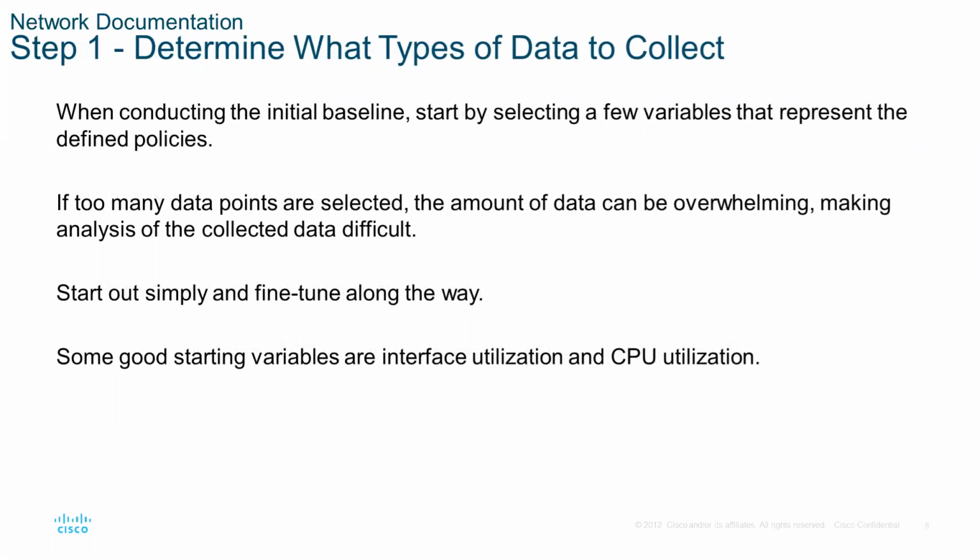So how do you go about it? Well, you start by selecting a few variables that you want to capture, and these need to represent and be defined by networking policies. If too many data points are selected, then you get overwhelmed with so much information, it's near on impossible to do a productive analysis of that data.